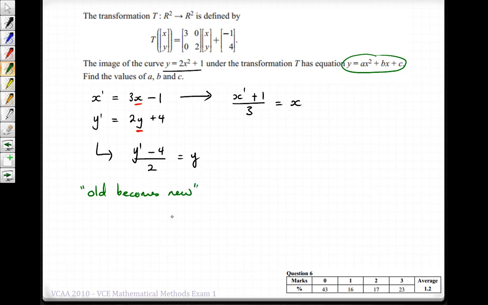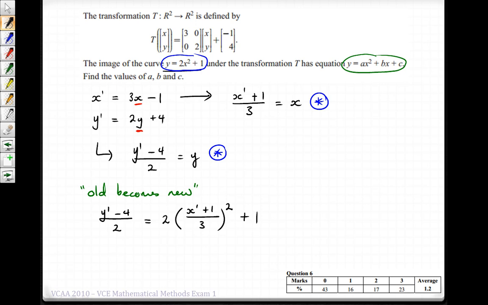What that means is that we're going to sub these into our original y equals 2x squared plus 1. So y is now y dashed minus 4, divided by 2, equals 2 times x, but x is now x prime plus 1, divided by 3, squared, plus 1.